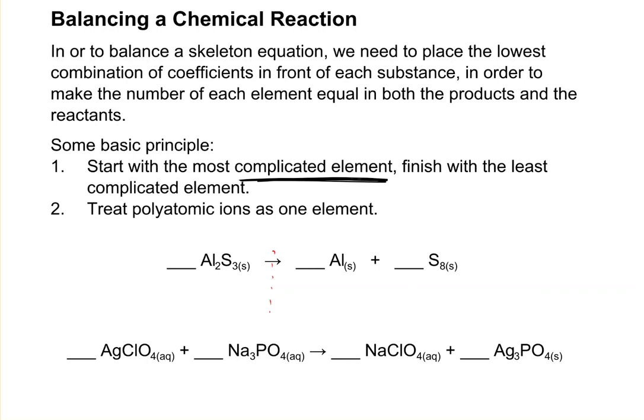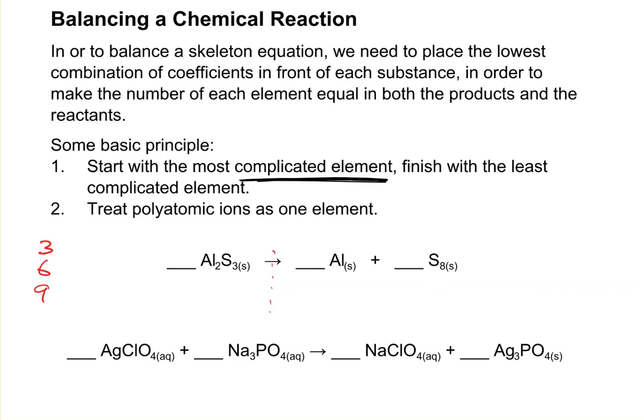Well, can I turn groups of 3 into groups of 8? If I add a 1, 1 times 3 would be 3. That doesn't work. 2 times 3 would be 6. That doesn't work. If I put a 3 in front of this, 3 times 3 is 9. No, I can't make a group of 8.